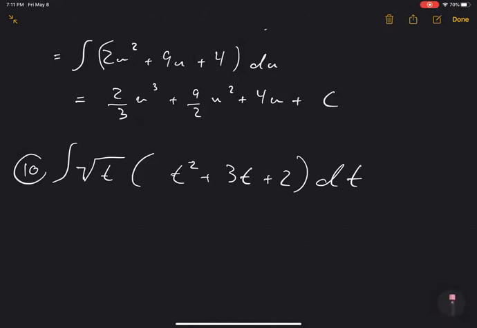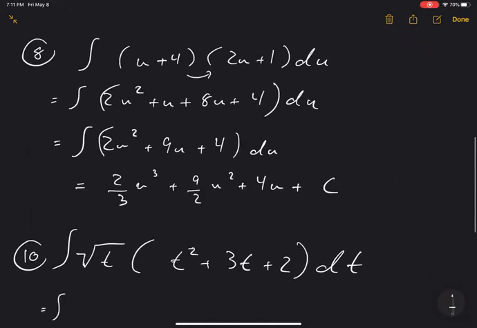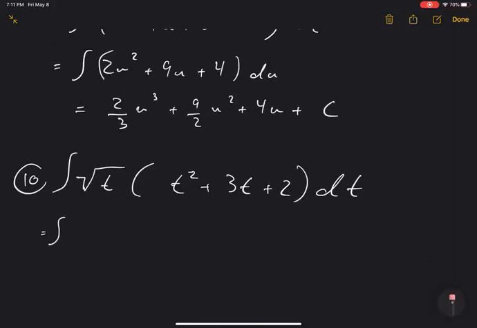Maybe it's not as clean as in the previous case. In number 8, I only had integer exponents, so whole numbers in my exponents. Now I'm going to have some fractions, right? So maybe it'll be more clear if I write square root of t as t to the 1/2.